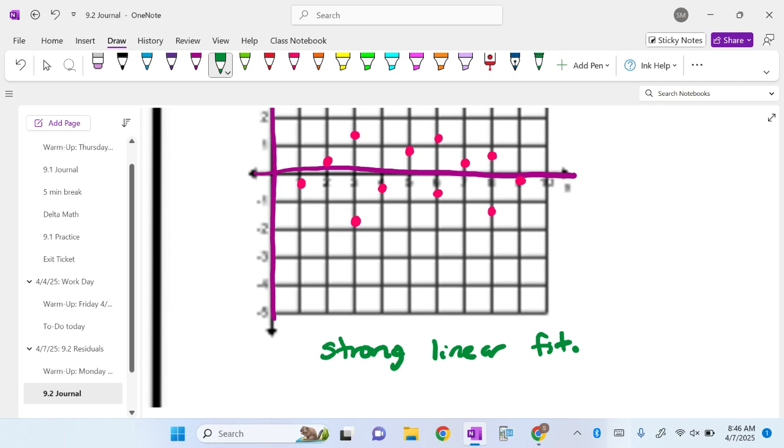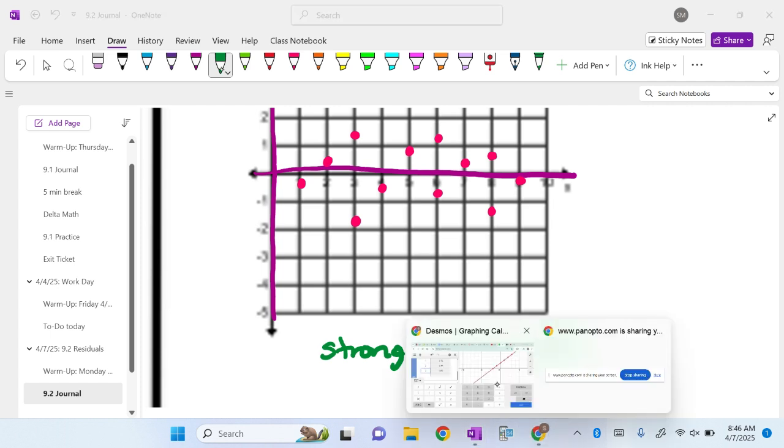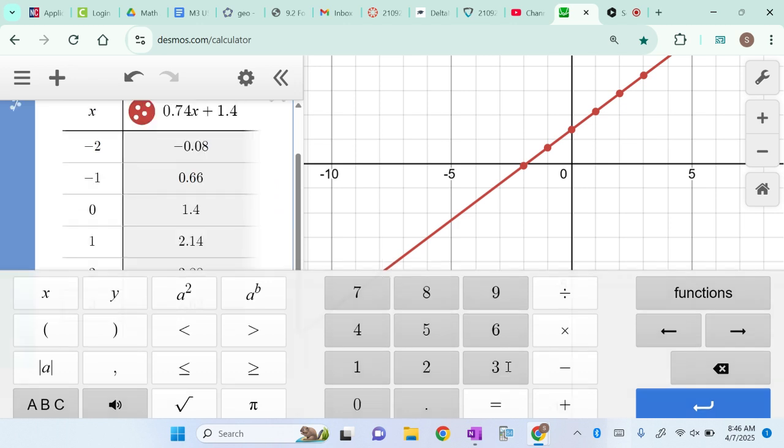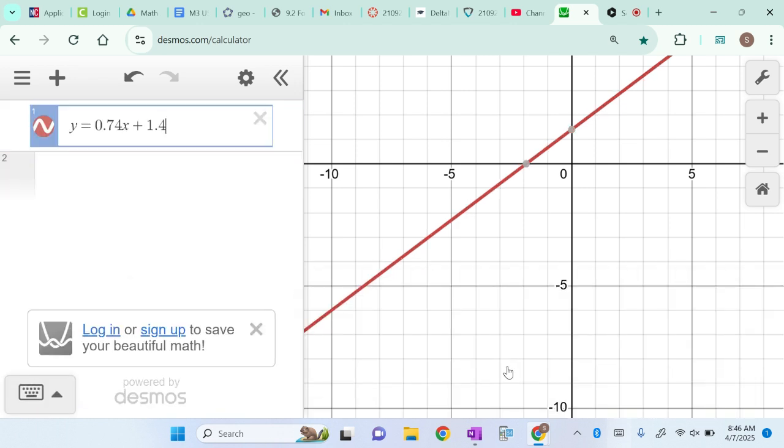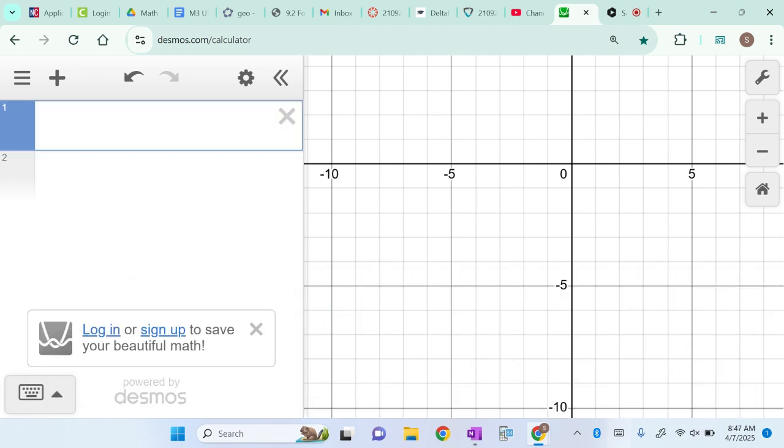All right. Now, there's one more thing I want to show you, and that's just Desmos will also graph a residual plot for you, and I'll show you how. All right, so you don't need to do this if you don't want to, but I'm going to do it. So I'm going to first type in my scatter plot from this example.